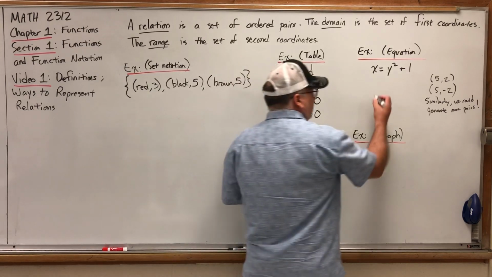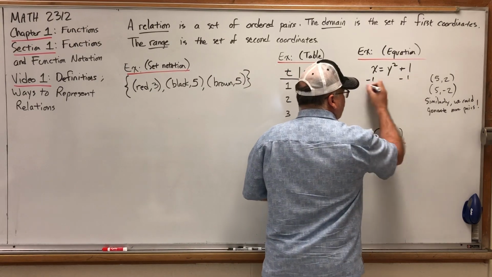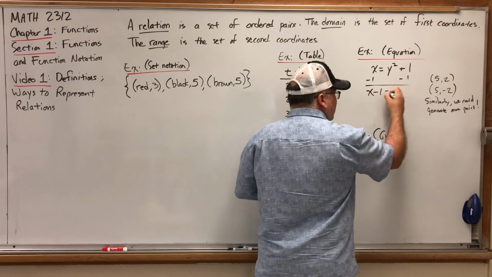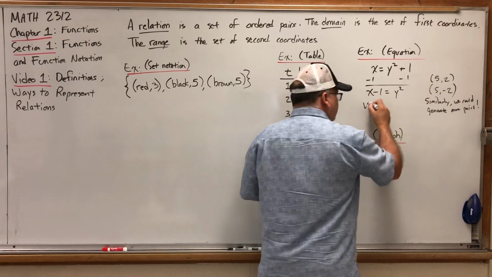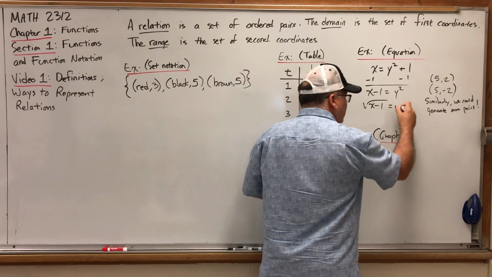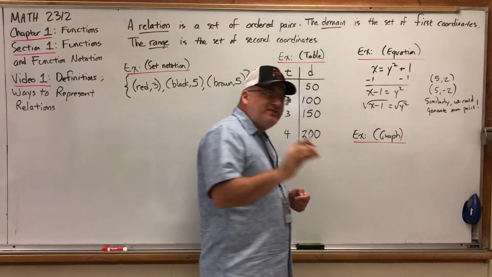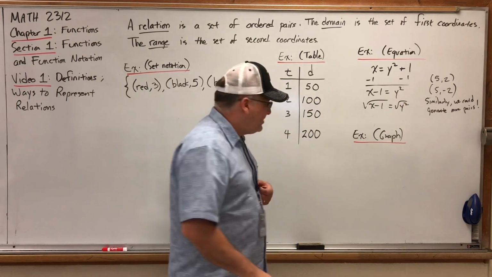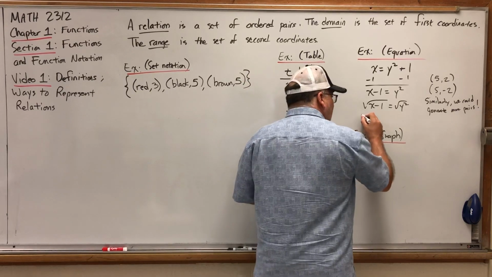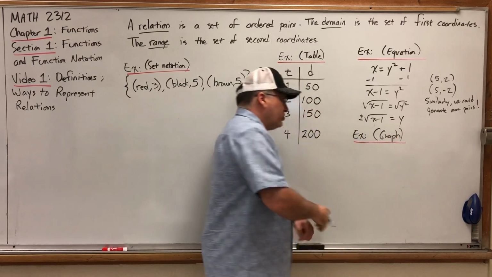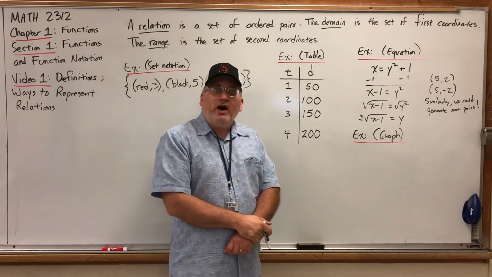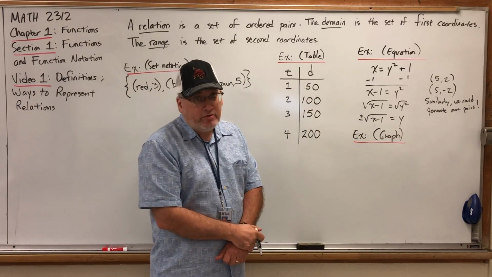If I started solving for the y, I would subtract 1 from both sides, get x minus 1 equals y squared, break out the square root on both sides, and again, that's the signal to put a plus minus in. Nothing happens on the left, so we pick up the plus minus, and it cancels the square on the y, and we get y equals plus or minus the square root of x minus 1.